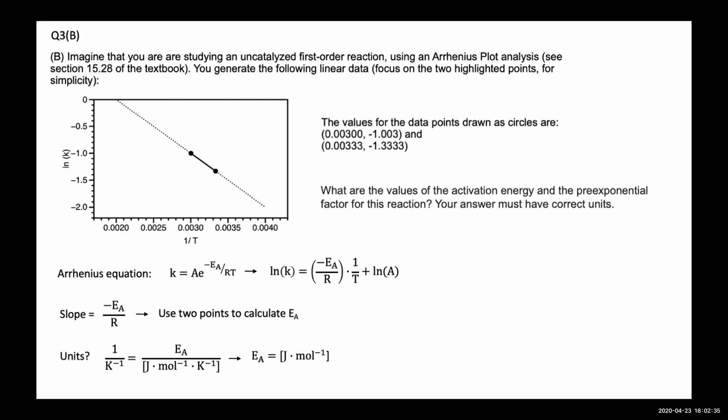And then to calculate the pre-exponential factor, once we have the activation energy and we also have a point, we can plug in those values. So we can plug in 1 over t as the x, ln k as y, and the activation energy that you would have just calculated into the Arrhenius equation in order to solve for A. And the units, so again, as Michael told us, because the exponential term won't have any units, the units of the pre-exponential factor have to match the units of the rate constant.